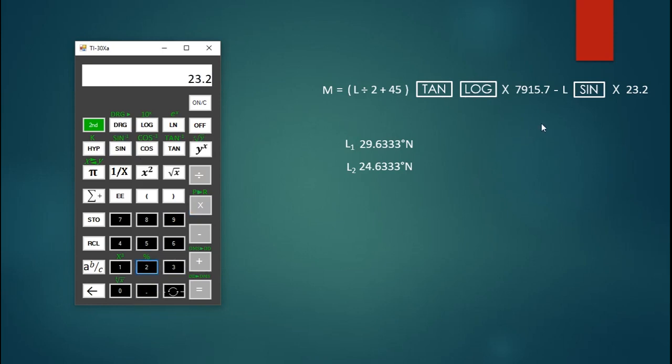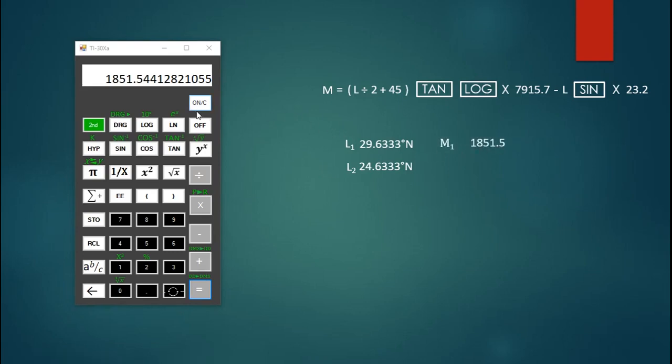That 23.2 is a constant. It's the Tropic of Capricorn, Tropic of Cancer, as far as the globe goes, and then we hit equal. We come up with 1851.5. That's going to be your M1.